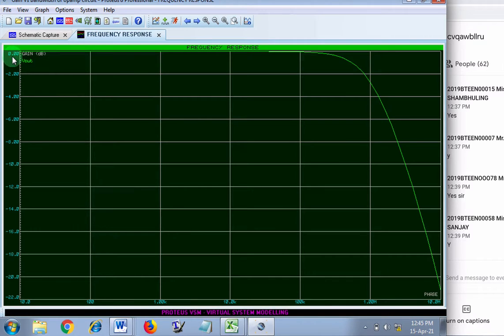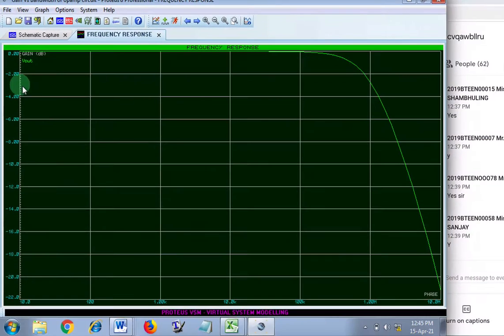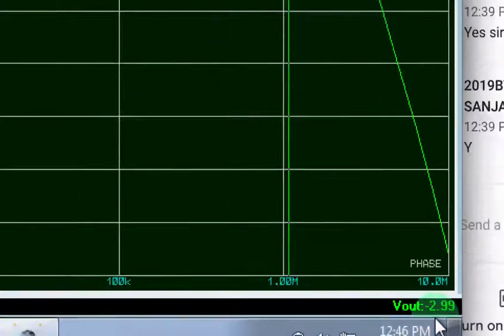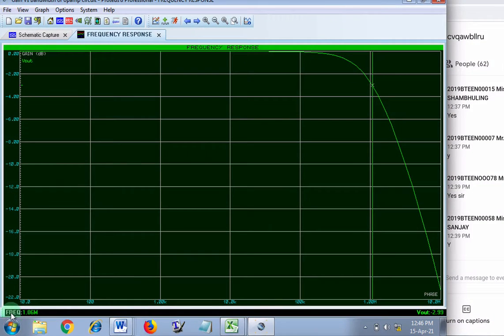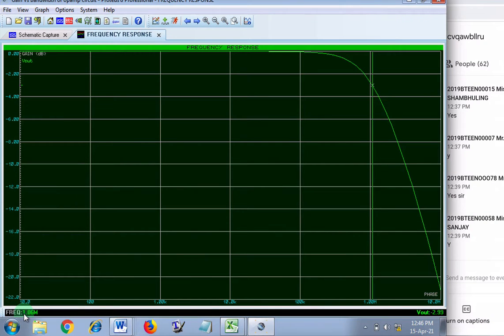Now if you can observe, this is 0 dB and minus 3 dB is somewhere here. Let me adjust this to minus 3. This is almost minus 3 dB, and the frequency is 1.07 megahertz. So the unity gain bandwidth of the op amp is 1 megahertz. Did you observe this? Yes or no?